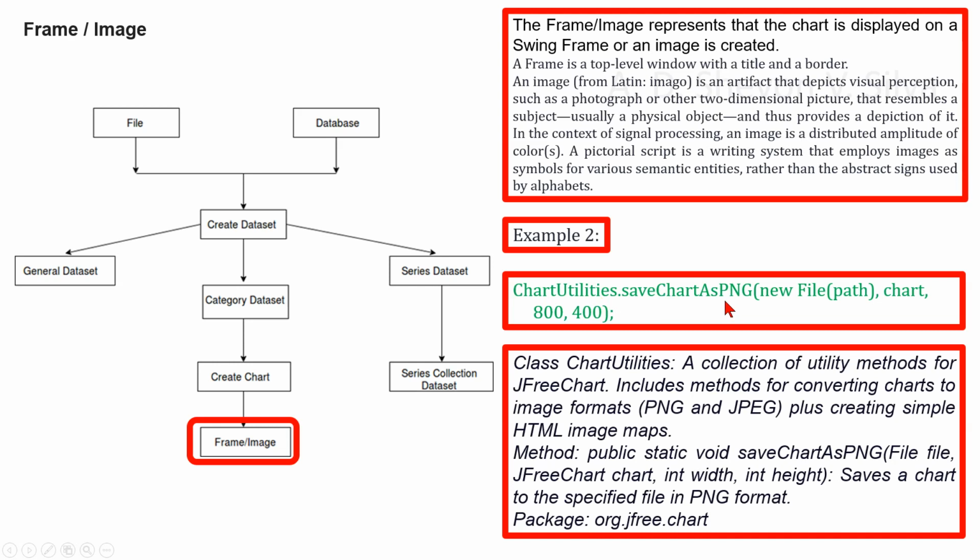The method public static void save chart as PNG file, JFreeChart chart, int width and int height. This saves a chart to the specified file in the PNG format. This chart utilities class is in the package org.jfree.chart.